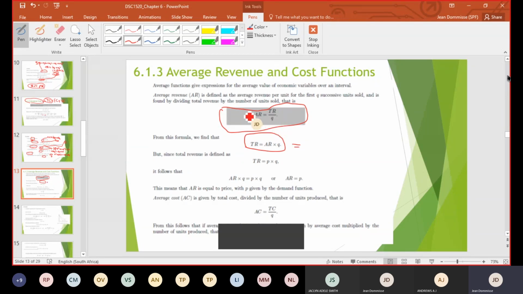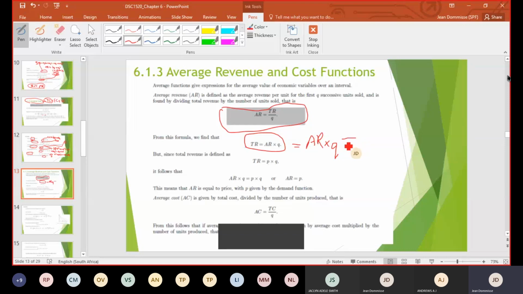If we multiply out by Q, total revenue can also be average revenue times Q. When you look at that, you need to link it back to what my marginal revenue will be.